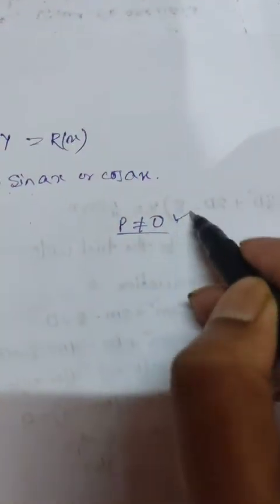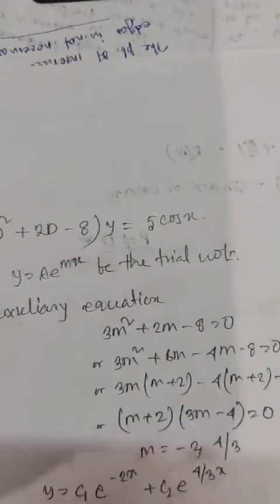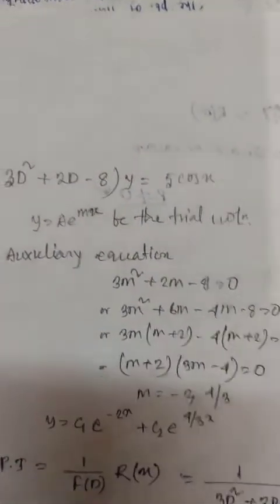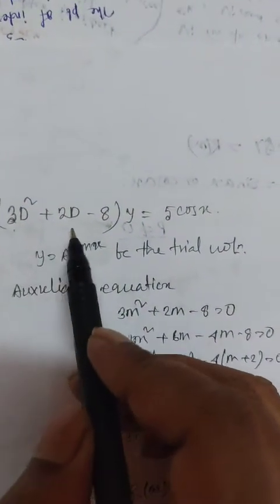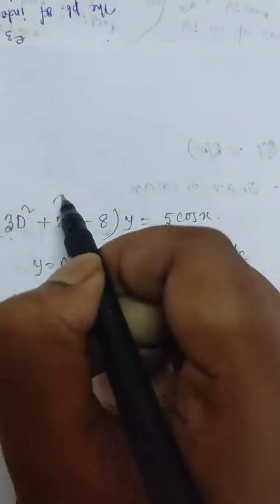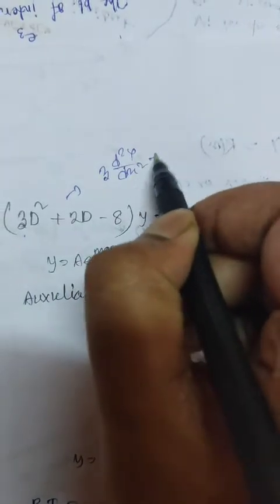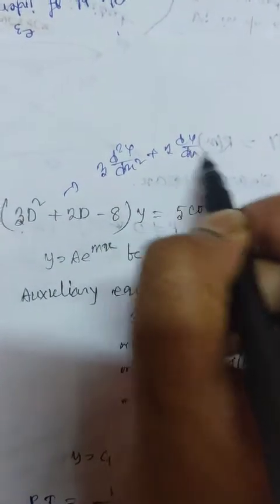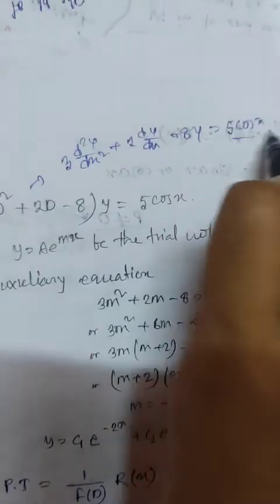Now I will discuss when p is not equal to 0. For p not equal to 0, I will take one problem: 3d square plus 2d minus 8 y is equal to 5 cos x, which is equivalent to 3d2y dx2 plus 2 dy dx minus 8y is equal to 5 cos x.